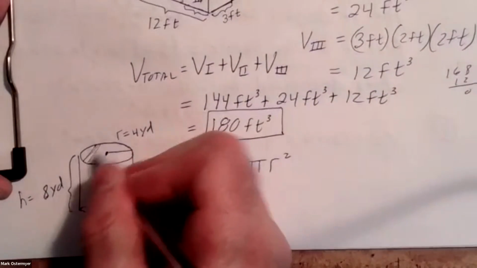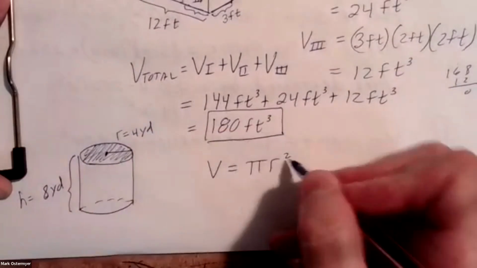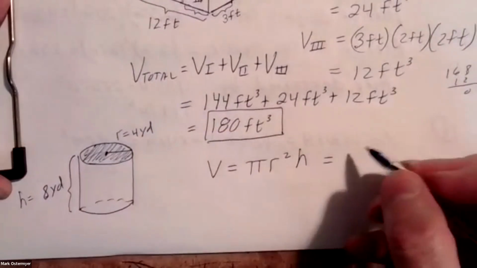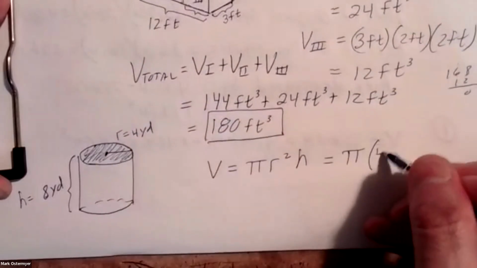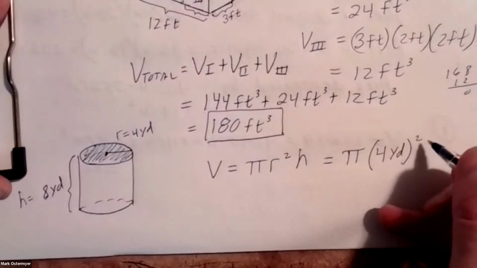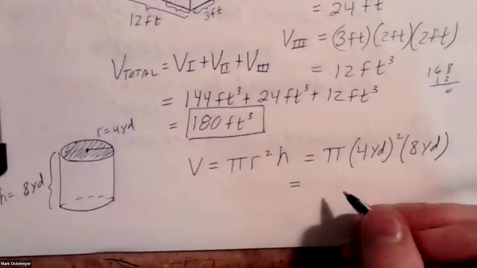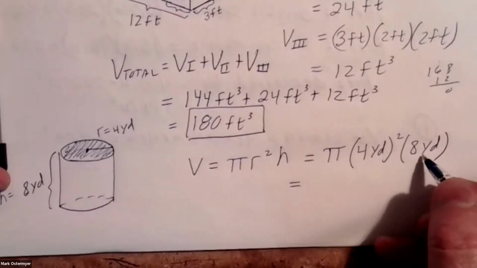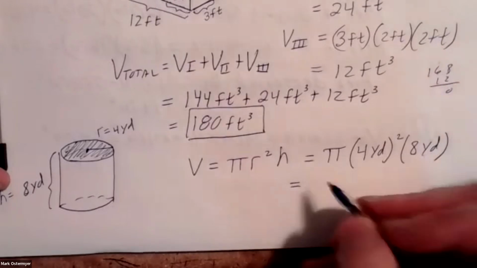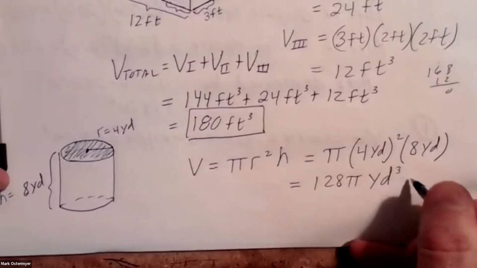Okay, so pi r squared gives you this 2-dimensional measurement, then times the 3rd dimension. So the volume of this can is going to be pi times the radius being 4 yards, so 4 yards squared, times the height is 8 yards. So the volume of this can is going to be 4 times 4 is 16, 16 times 8 is 128. So 128 pi cubic yards would be the exact volume.